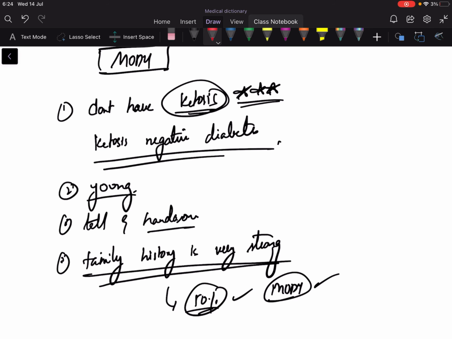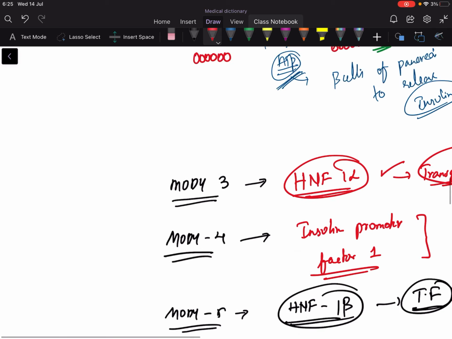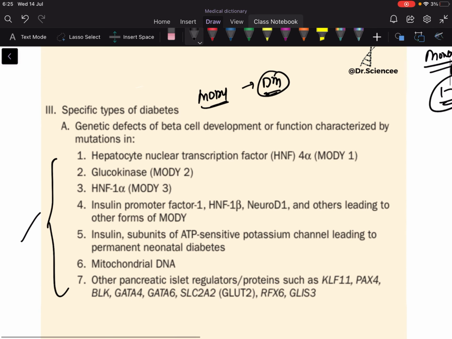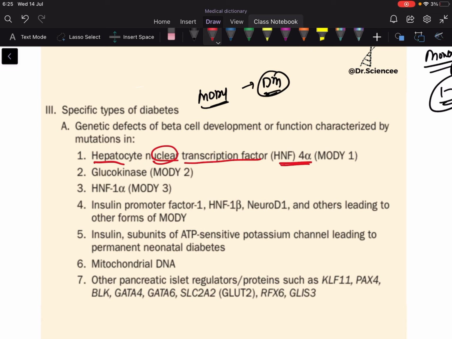Before ending the topic, I will just show you the table taken from your internal medicine. Here are the different types of MODY, as I already said. Hepatocyte nuclear transcription factor 4 alpha is associated with MODY1. The enzyme glucokinase defect is associated with MODY2. Hepatocyte nuclear factor 1 alpha with MODY3.